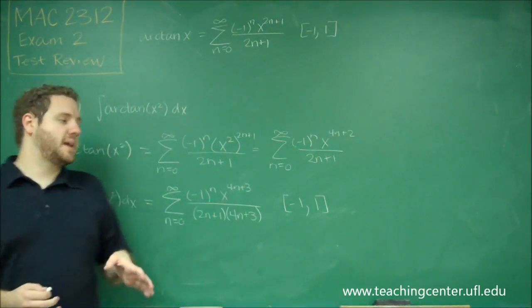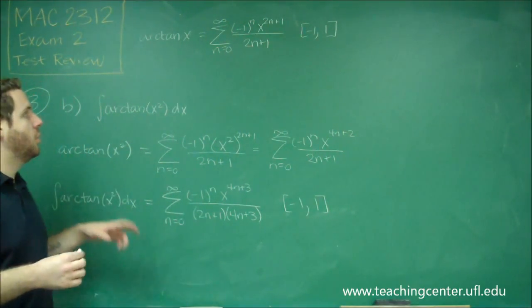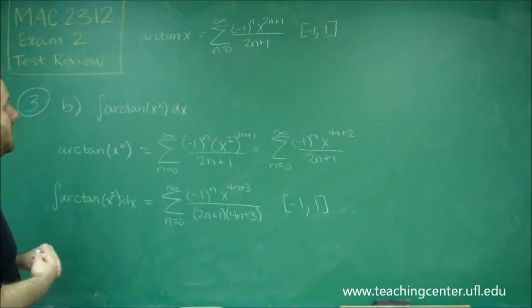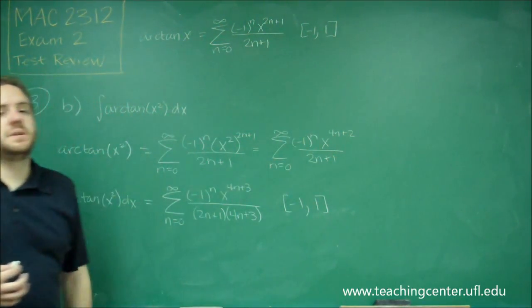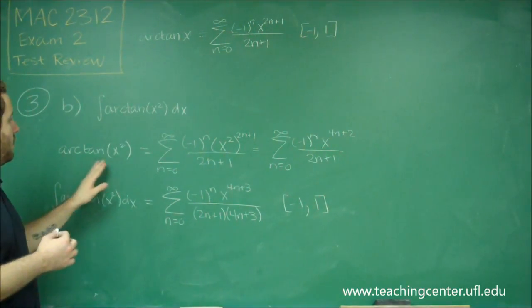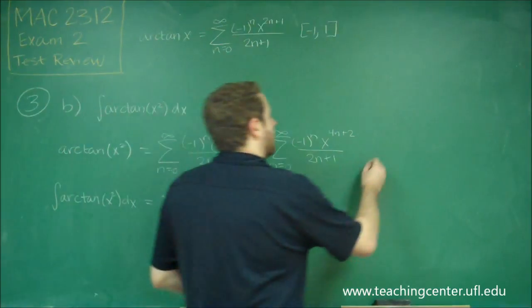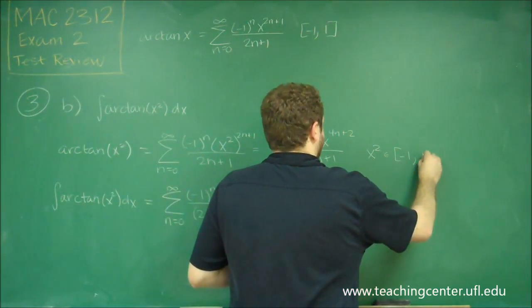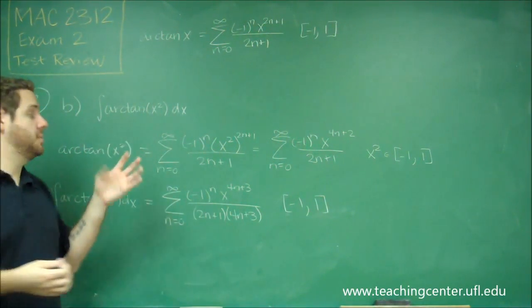The reason in this case that our interval stays from negative 1 to 1, even though we plugged in something for x, is how I'm going to show you here. In our original arctan formula, this means x has to be in between negative 1 and 1. When we plugged in x squared instead of x in this arctangent formula, what we're implying here is that now x squared is in between negative 1 and 1, because that's our new argument of the function.